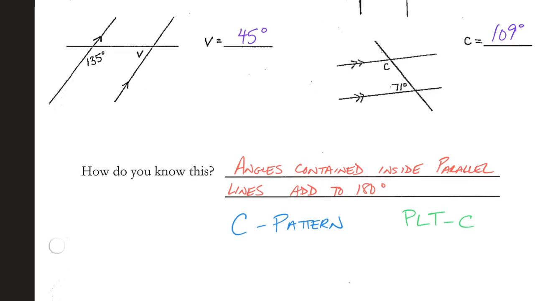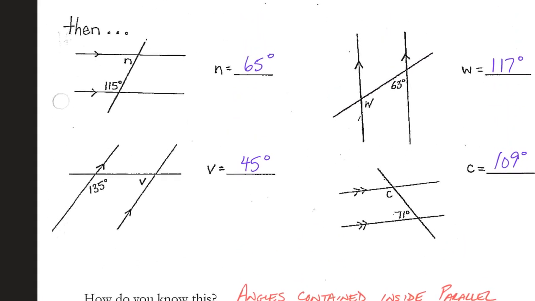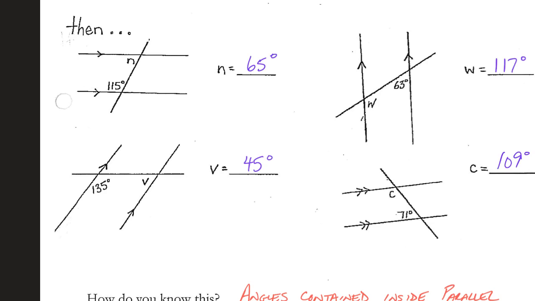Now, I want to go back up and we're going to take a look at those 4 problems that you hopefully came up with those answers to. And I'm going to shade in a little bit some of that information. So if we notice, we have a parallel line and a parallel line. I know that those 2 are parallel because I see my arrow markers on there.